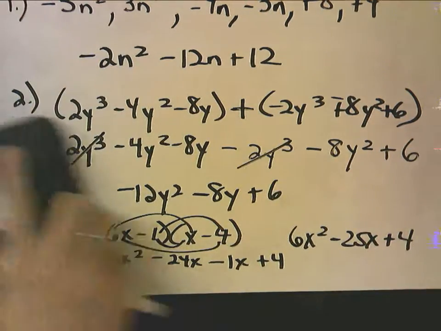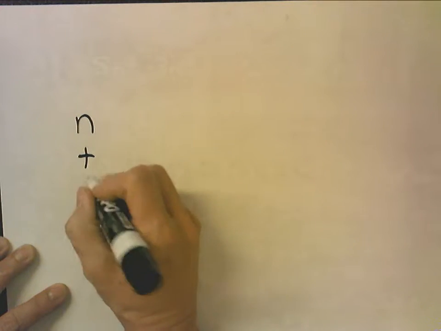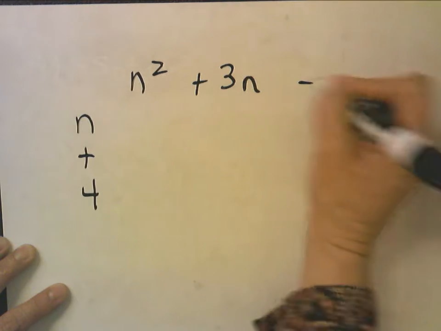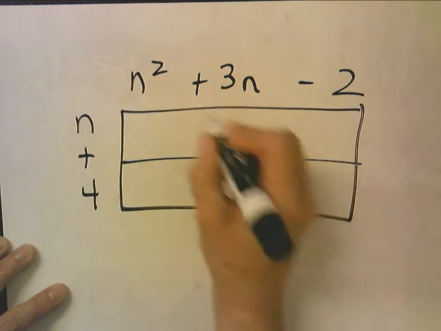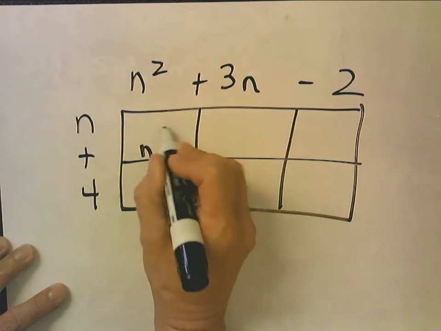Now, for number 4, the way I'm going to do number 4 is I'm going to set up a chart. I'm going to make n plus 4 here, and n squared plus 3n minus 2, and make a chart. So n times n squared is n cubed.